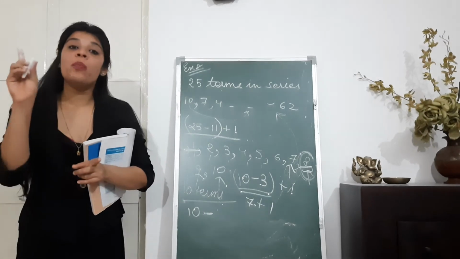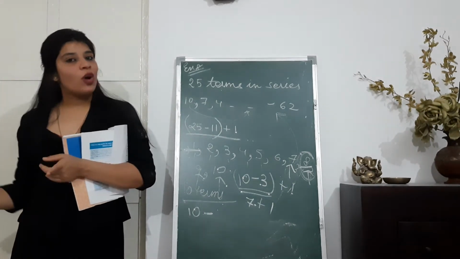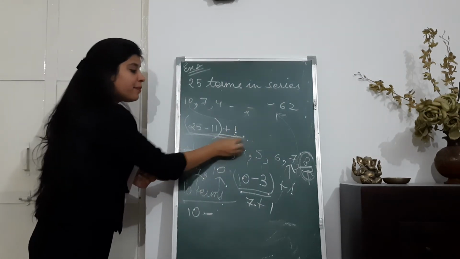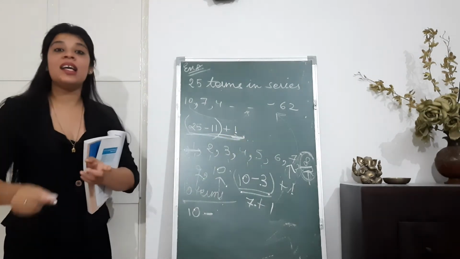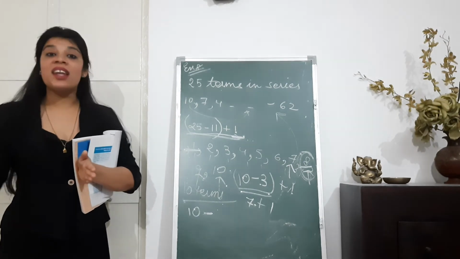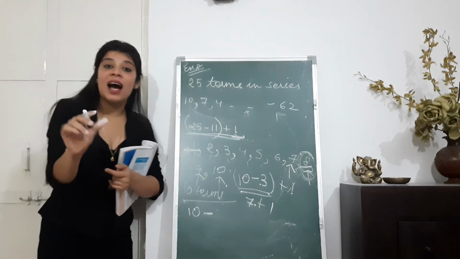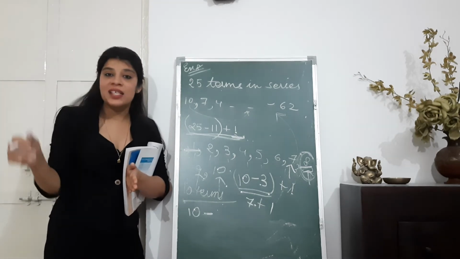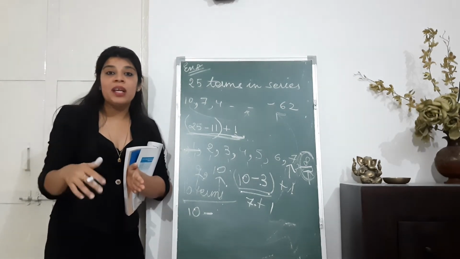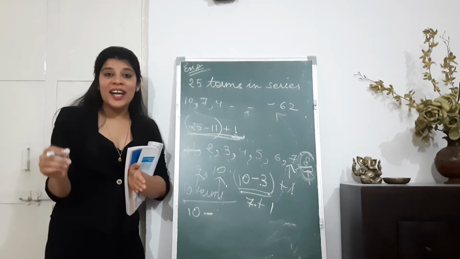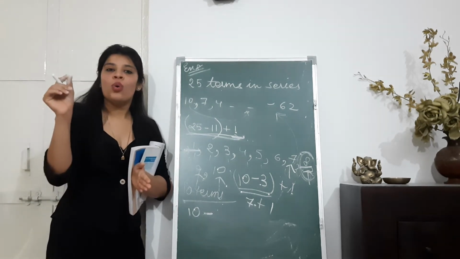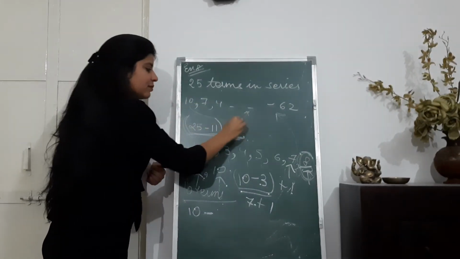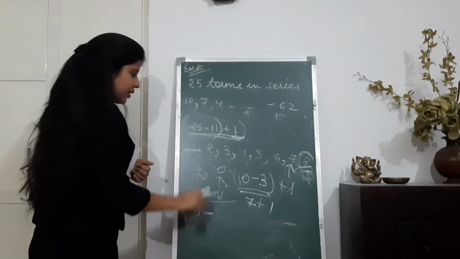N starts from 1, never from 0. That is the major reason we add plus 1, because n is the number of terms, and the number of terms never starts from 0. If it were 0, 1, 2, 3 up to 10, it would be a whole different story. The number starts from 1, that's why you have to add plus 1.